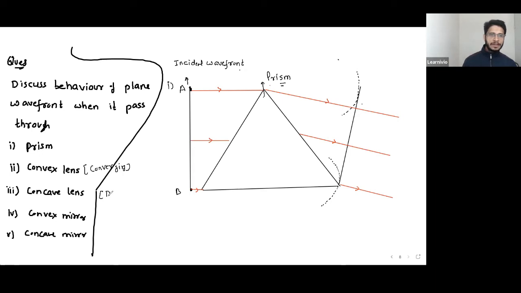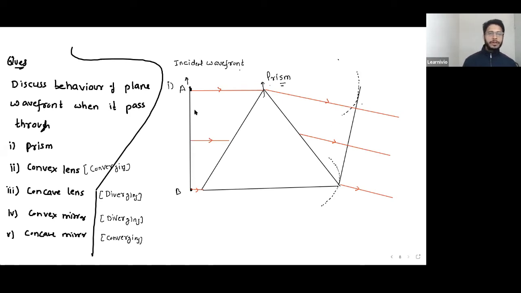A concave lens is diverging. A convex mirror is diverging again. And a concave mirror is again converging.